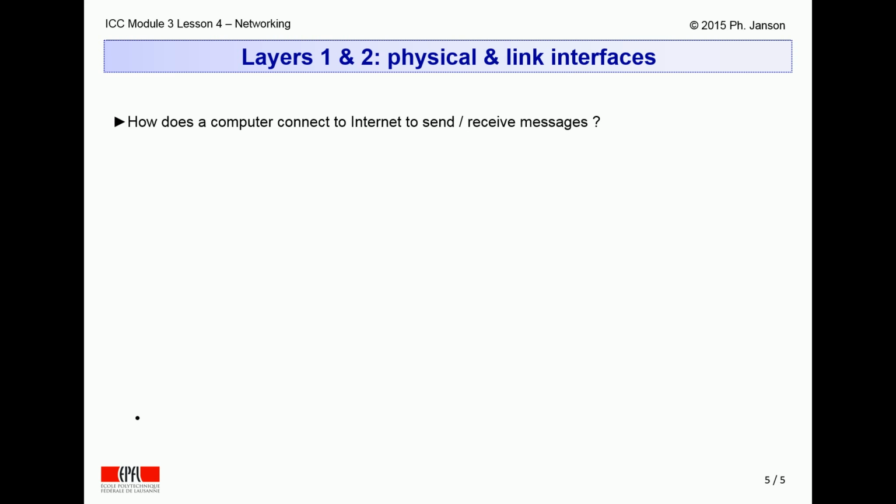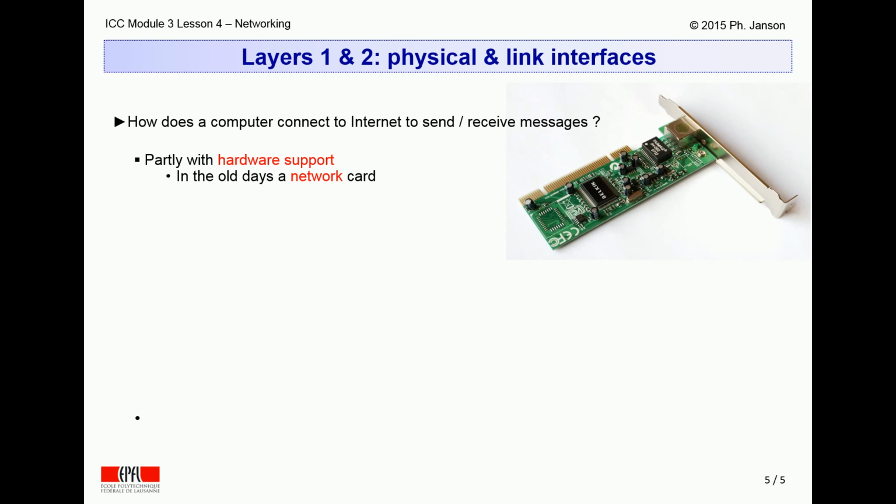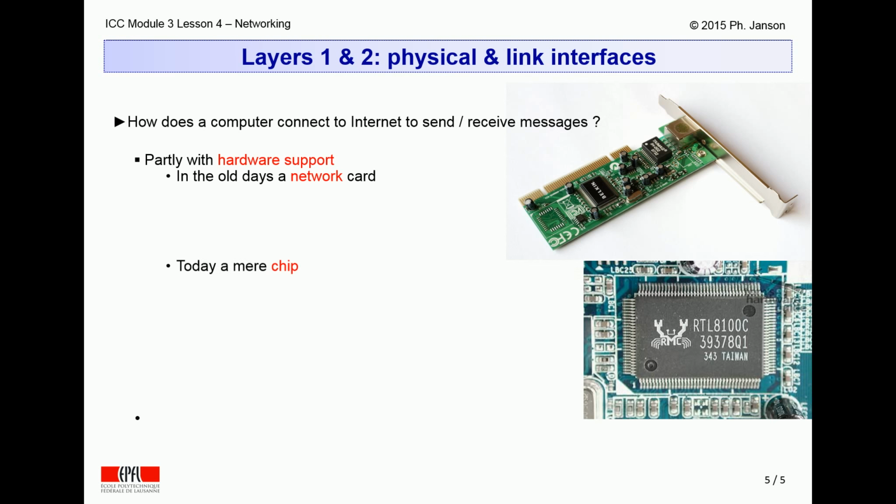The last topic of this clip is to explain how a computer connects to the Internet to send or receive messages. Implementing this connection necessarily requires some hardware support. In the old days, this hardware support consisted of a whole network card full of circuitry.